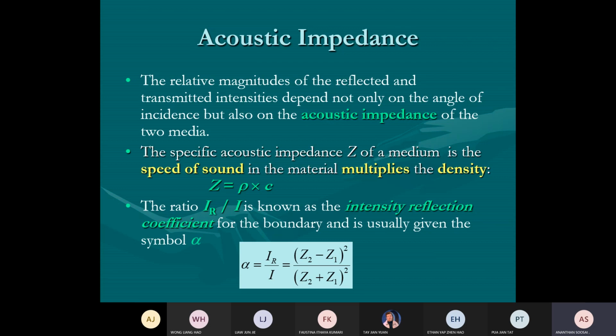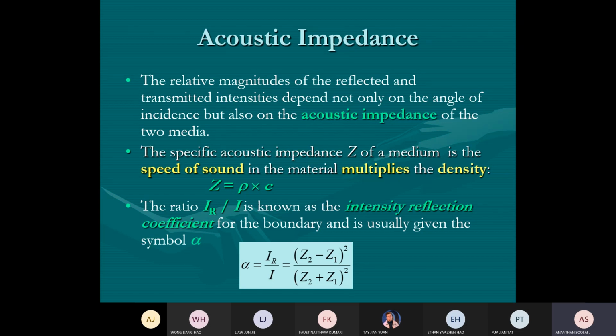Acoustic impedance is the product of the density of the medium and the speed of sound in that medium. Why is acoustic impedance so important? Because it determines how much intensity will be reflected. So the coefficient of reflection depends on the acoustic impedance of both media.